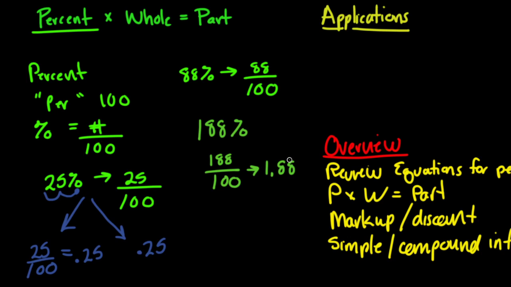So as far as the review of decimals is concerned, percent is the same thing as some number over 100. When you insert the percent into the percent equation, you can choose to put in the fraction or the decimal, but you cannot put in the percent sign, such as 88%. Can't do that one.